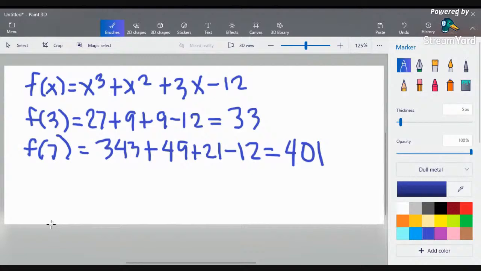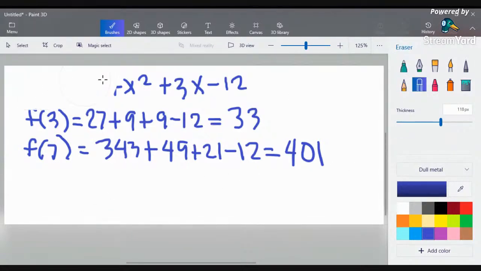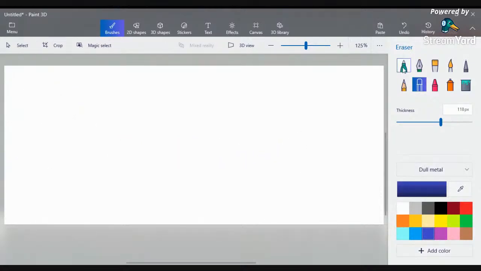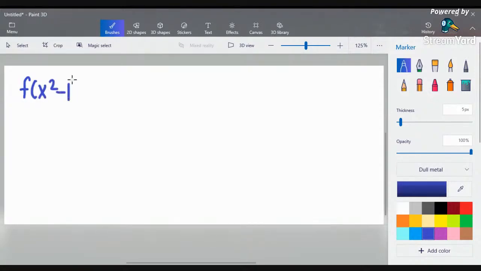Let's proceed to f of x squared minus 1. So, x becomes the cube.